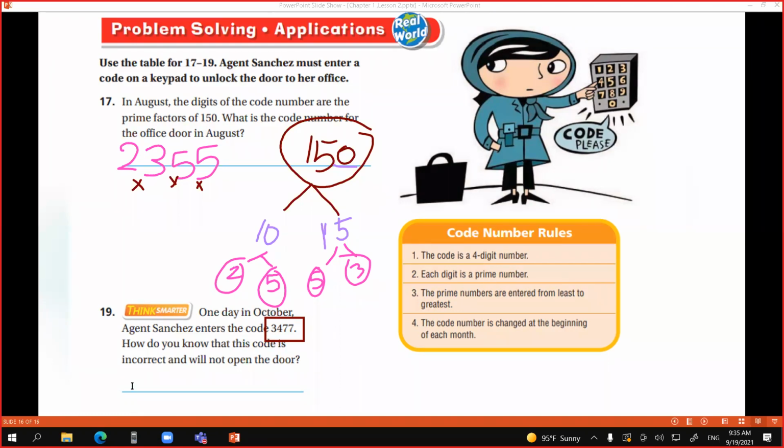Because 4 is not a prime number. What's your name? Who answered this question?